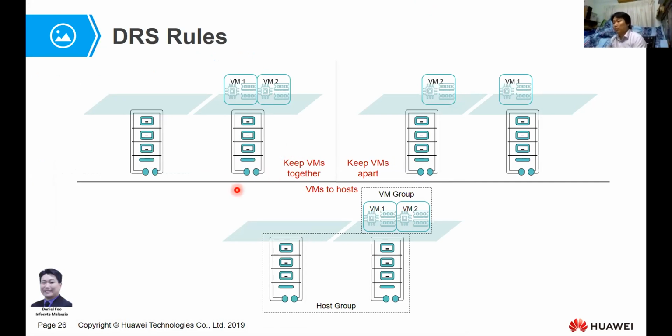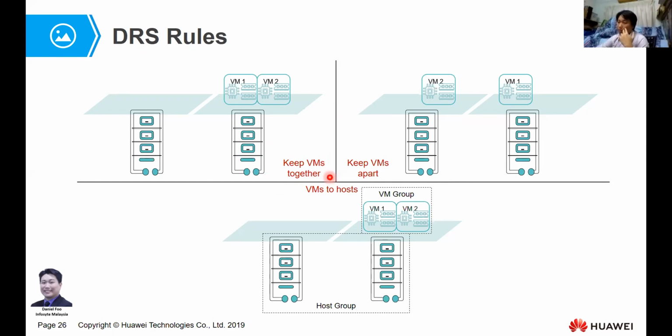So the DRS rules you can configure, for example, there are a few options here. When I enable DRS, your virtual machines will have a load balancing function to move your VMs around to achieve utilization load balancing. You can define some extra rules to, for example, keep virtual machines together.